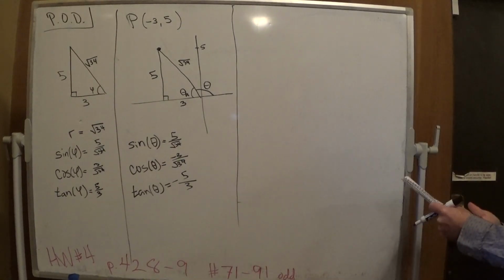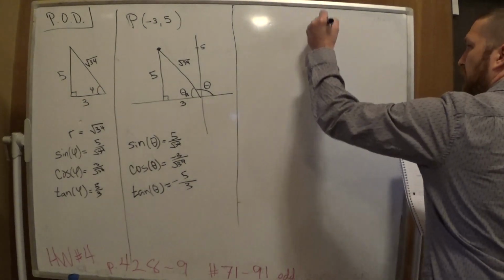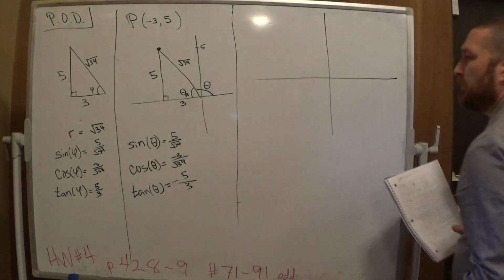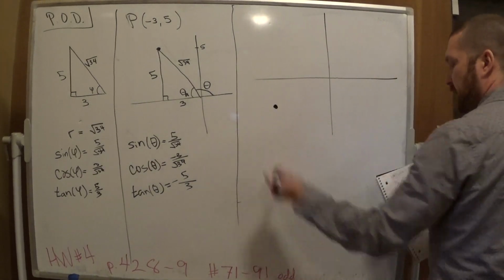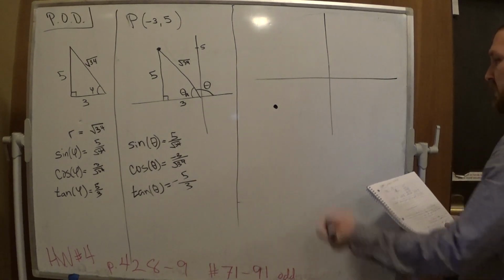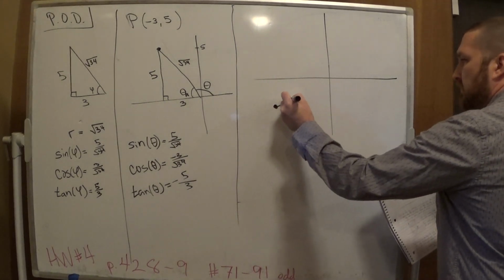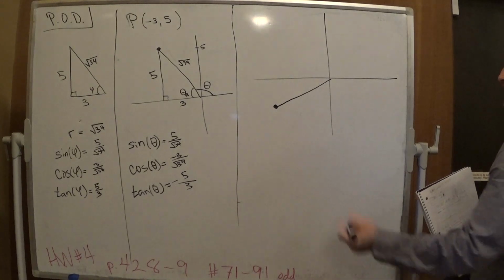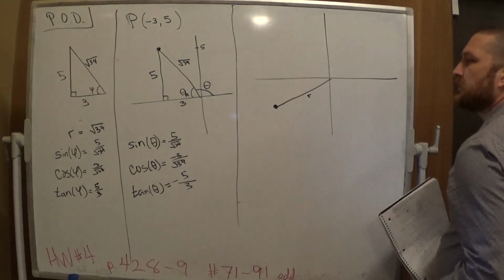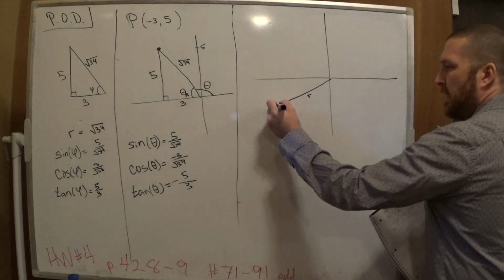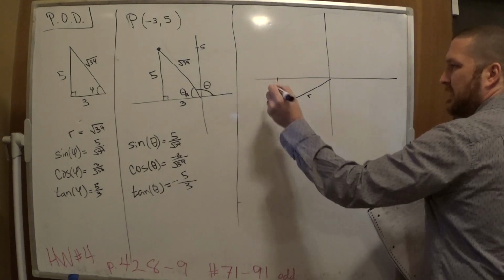Okay, so given any point on the plane, say it's right here, we can draw a line directly to the origin. That's going to be our new radius. Draw a line directly to the x-axis.